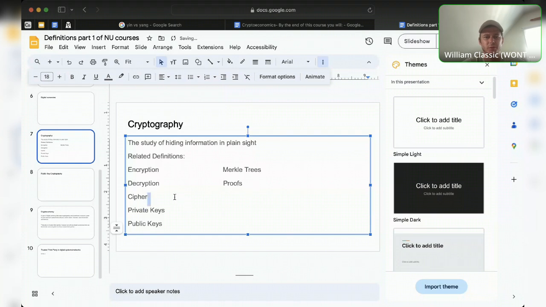Proofs. All right, sorry. Let's see, proofs, Merkle trees.